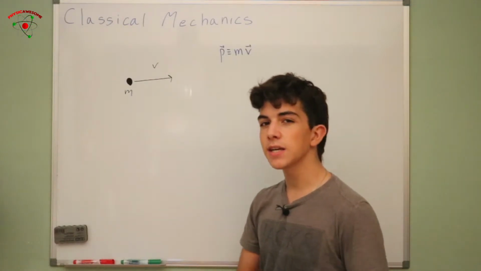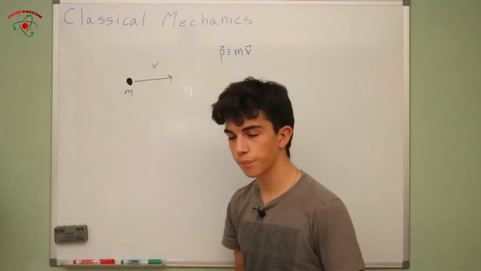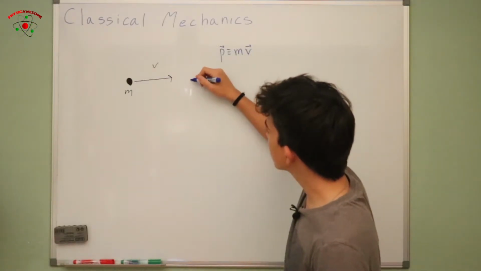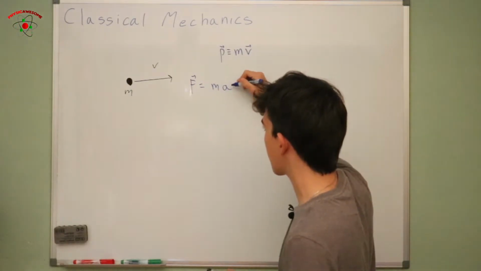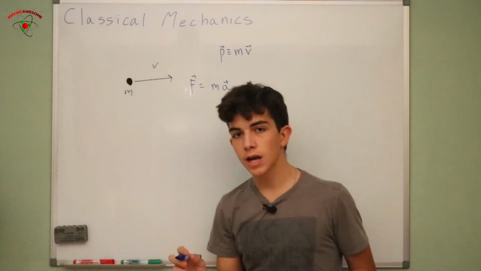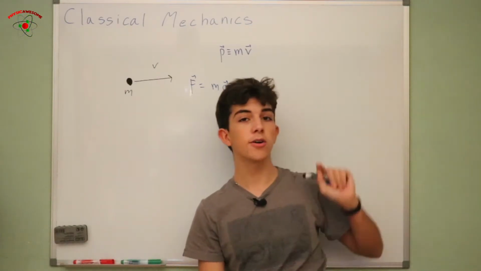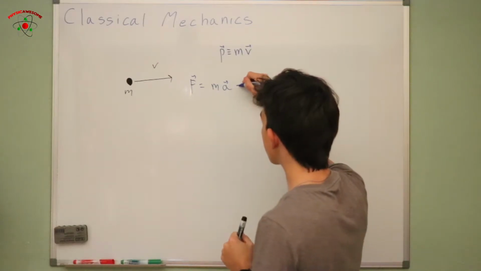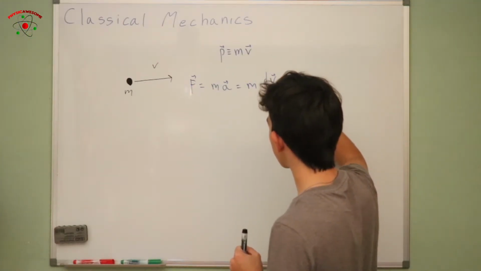Now let's see how it works and how it relates to Newton's second law. If you recall, Newton's second law is F equals ma. And we know from our previous video that a equals dv/dt.